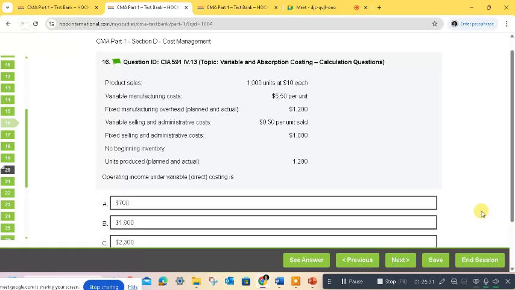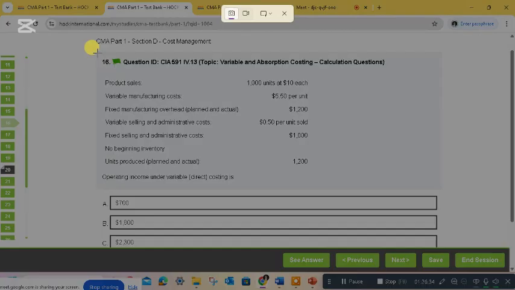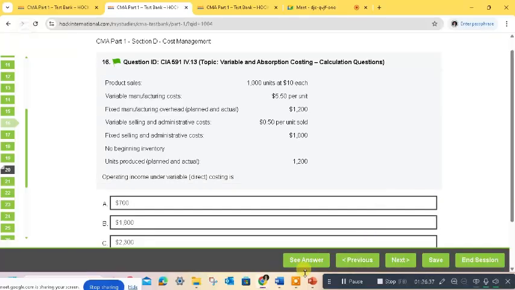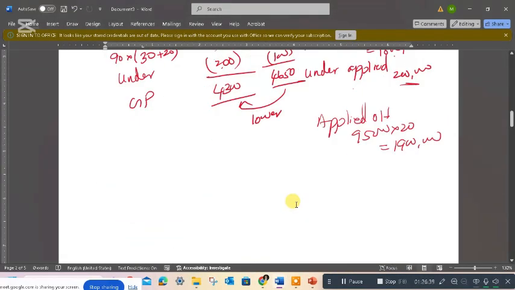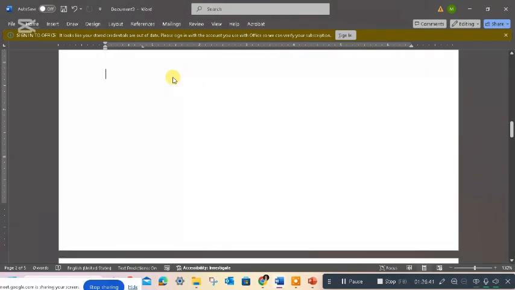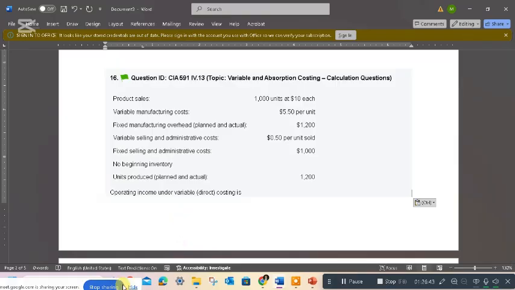Operating income under variable costing. Variable costing, another name for that, is direct costing. If it is variable costing, I would tell you the easiest option. Take the selling price, product sales $10 each.